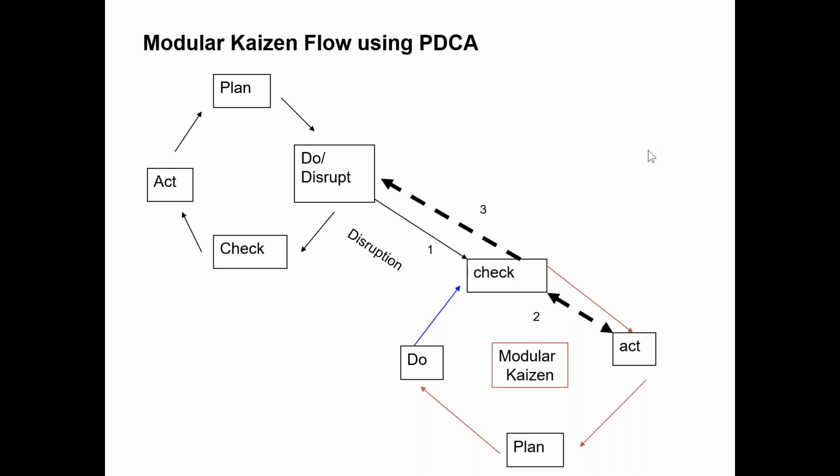Now, if we're going to abandon it, if we're going to need to make a big change, then we would go into replanning and do the full do and the check on the lower right hand, if there is a real improvement that is beyond the concept of the existing process.